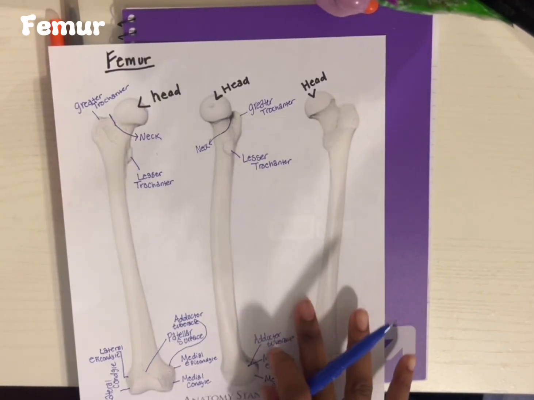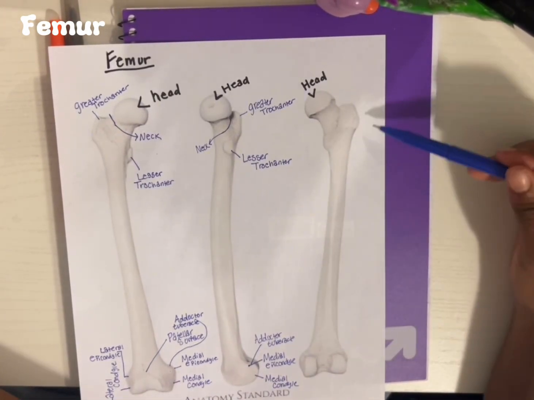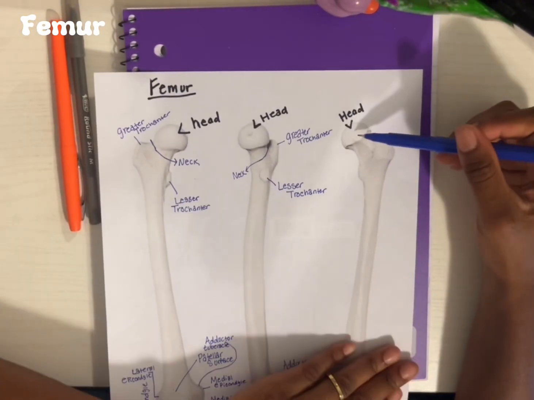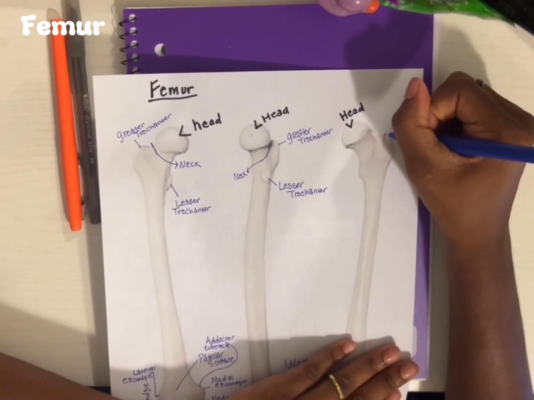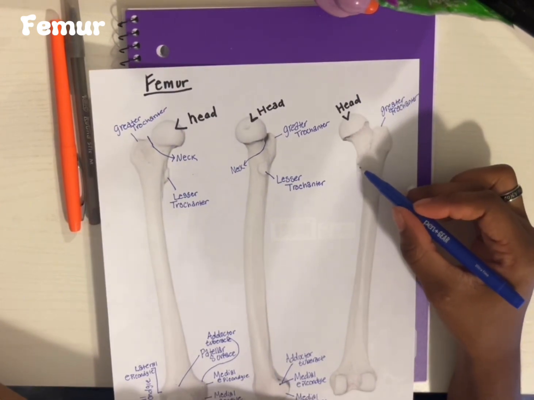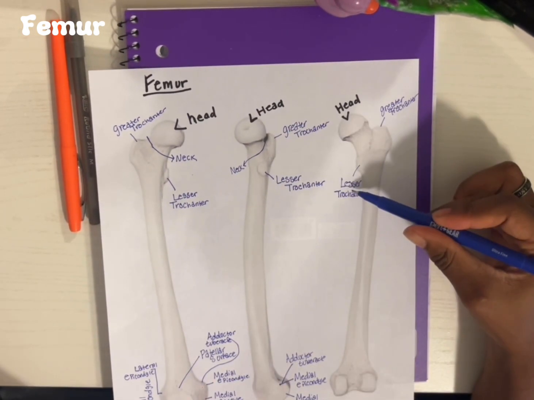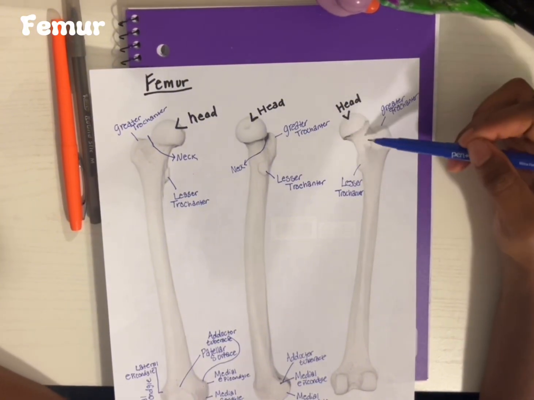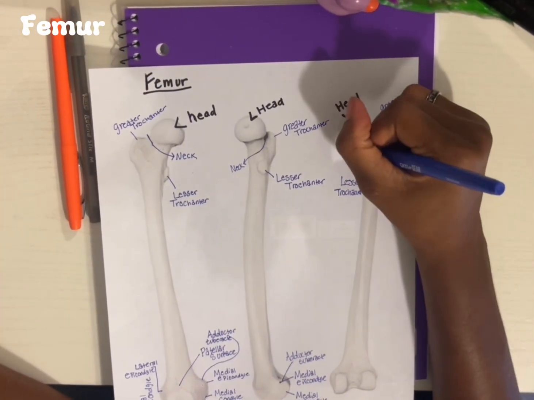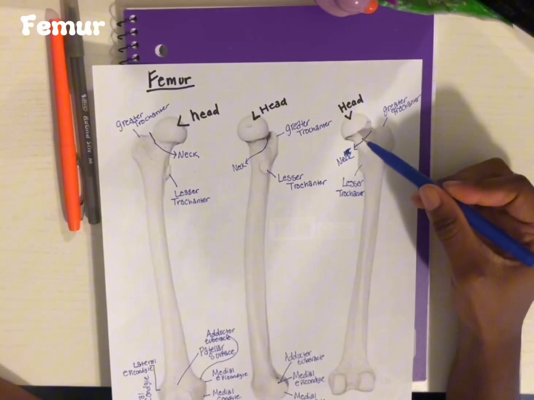For this posterior view of it, this is the medial side, this is the lateral side. This is your head. This is your greater trochanter. On the other side, your lesser trochanter. Your head and your neck would be on these lines right here. Neck, your neck.